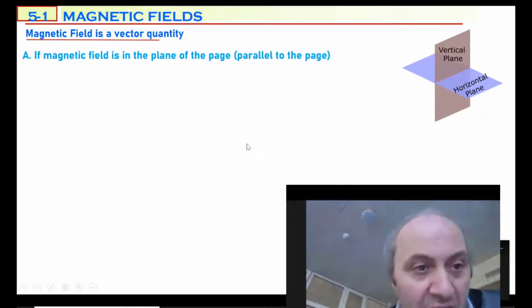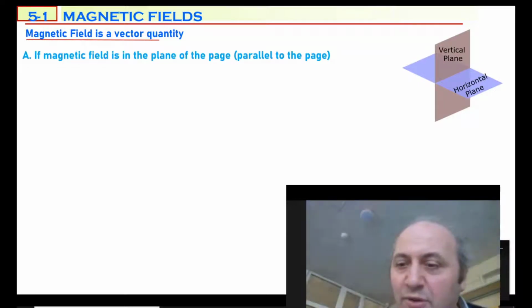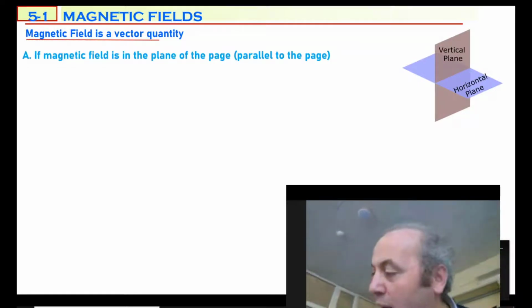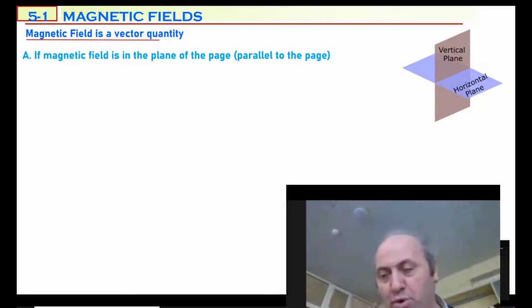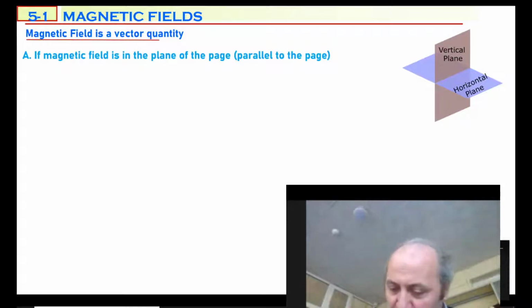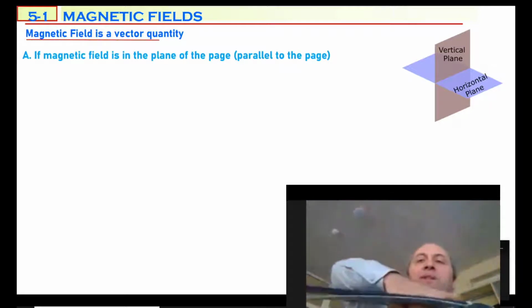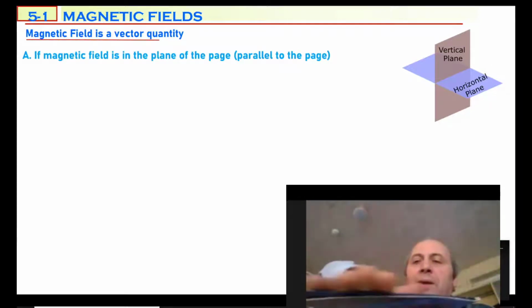If a magnetic field is in the plane of the page, we are talking about your book or notebook. You are going to put your notebook on the table. The whole surface of this book or notebook, we are going to say is the plane of the page. This is the plane of the page.